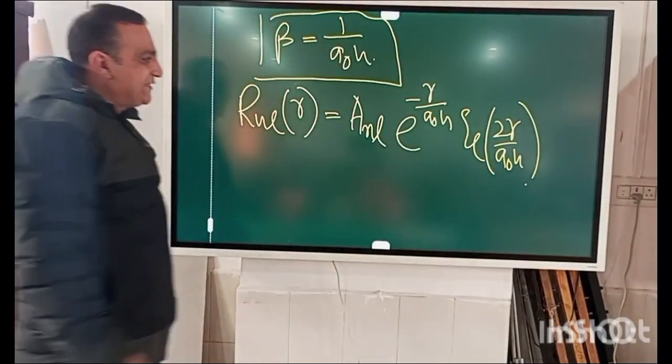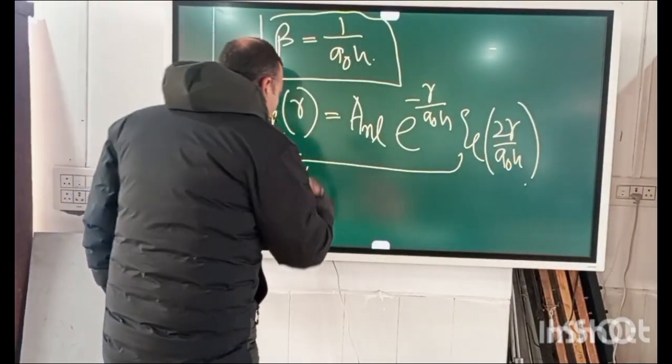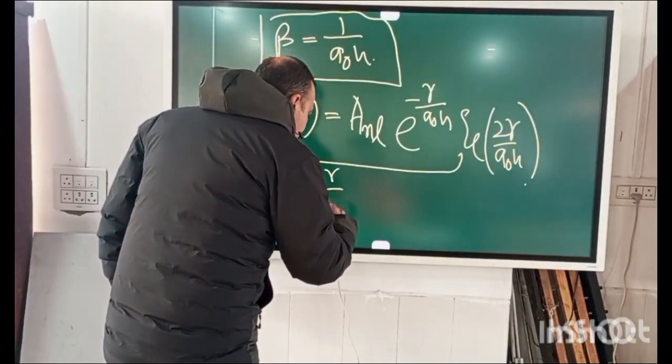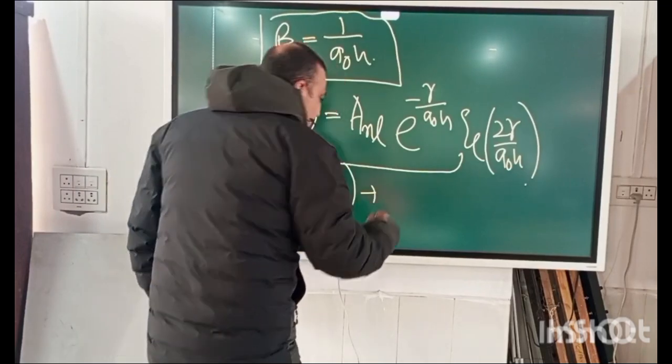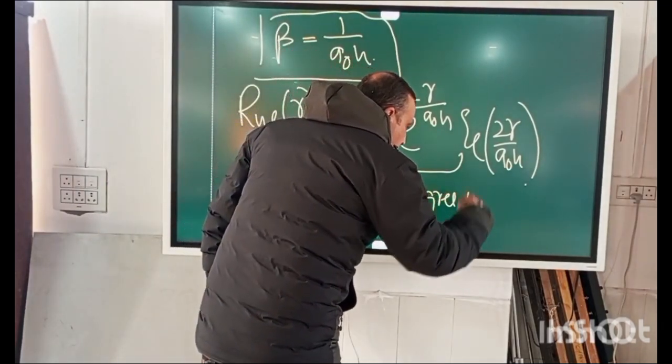Then we have zeta of 2r by a naught n. This we call the Laguerre polynomial.